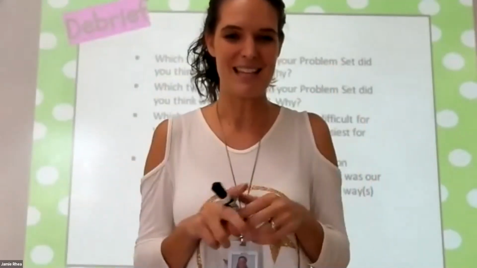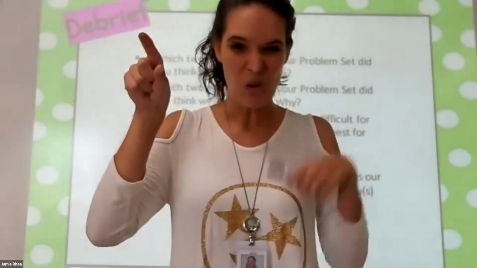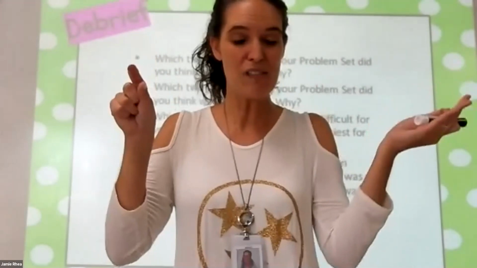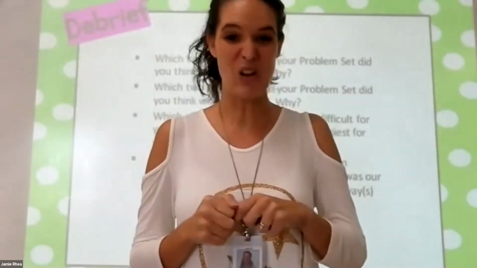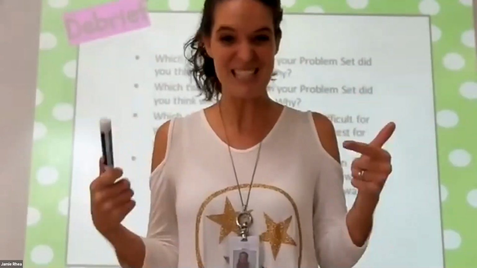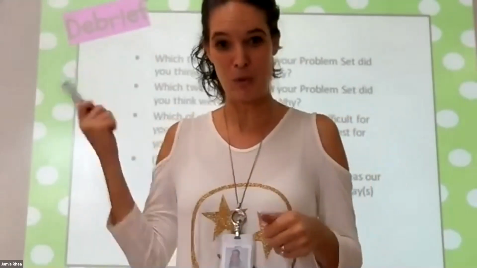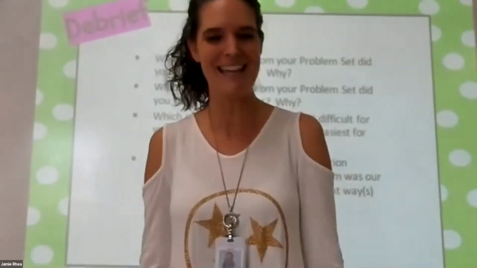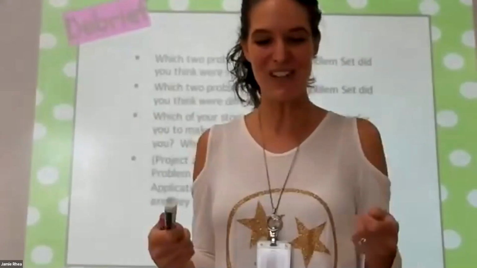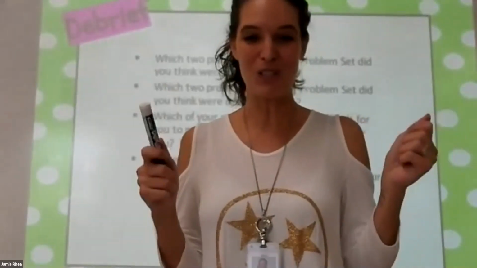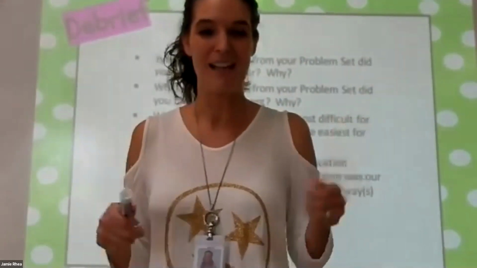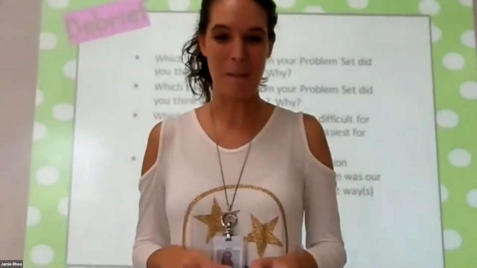Look at your sentence. Am I solving for the total or am I solving for the part? It's easier for you to solve if you know which one you're solving for, total or part. That way you can draw out what you need to do, okay?